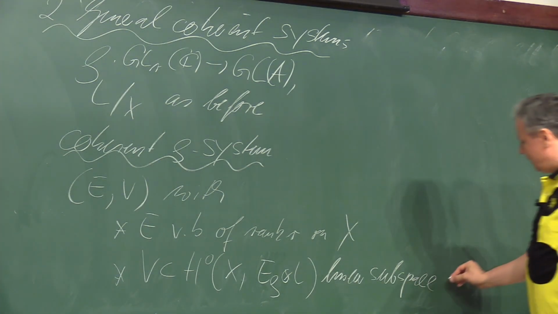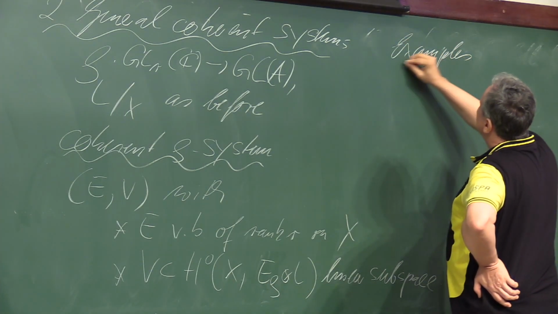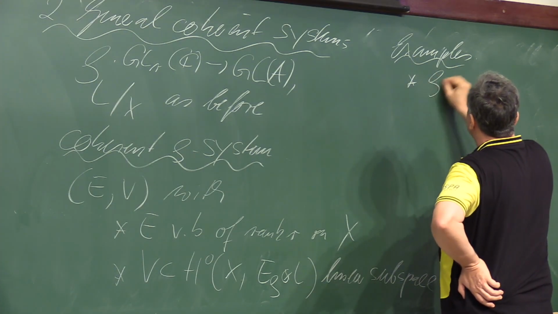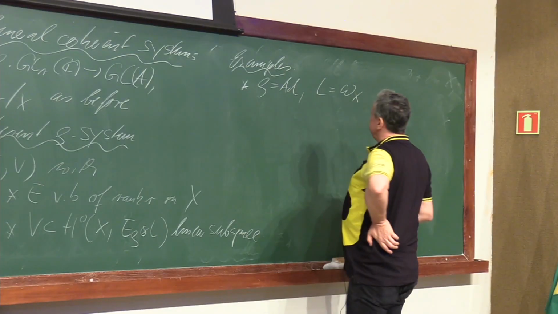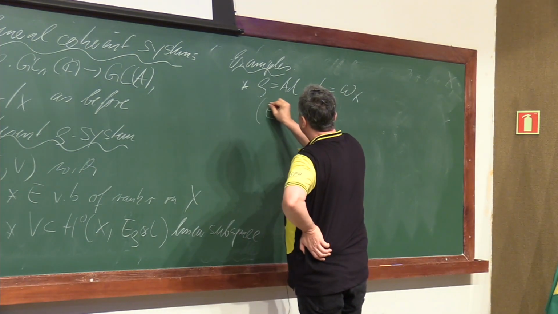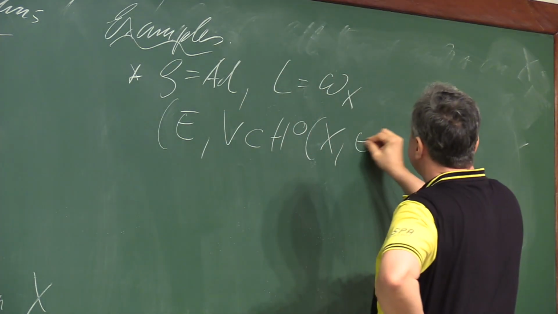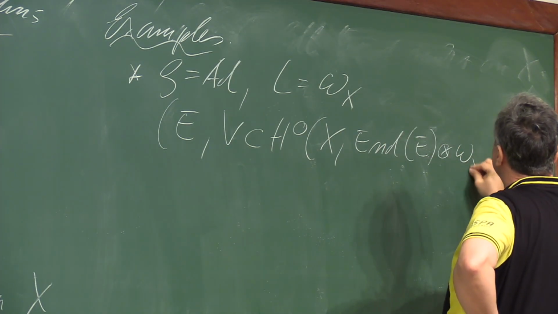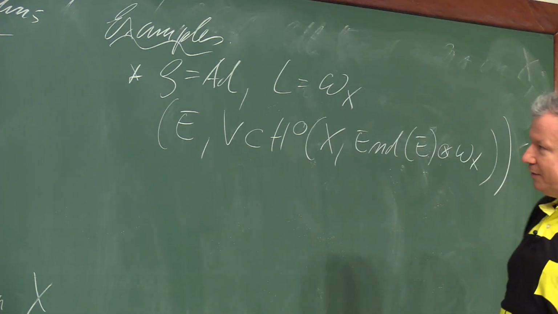Good. So let me give 2 examples. The first one is as before. Rho is the adjoint representation, L is the canonical line bundle. And then you have E, and now V is a subspace of H0 of End E tensor omega.